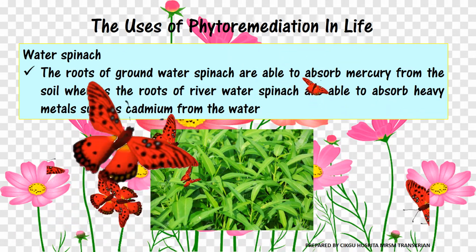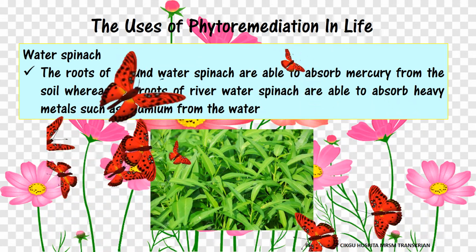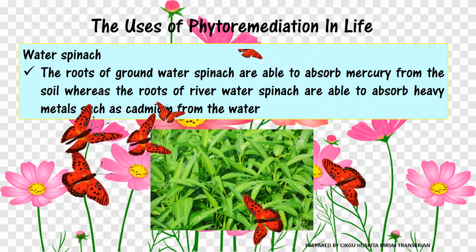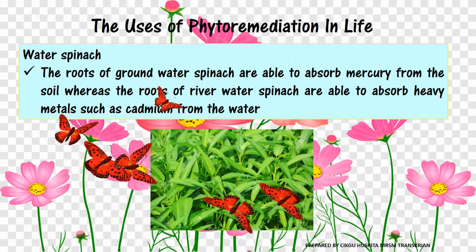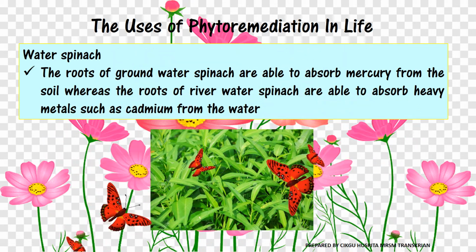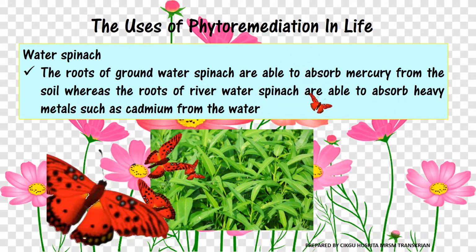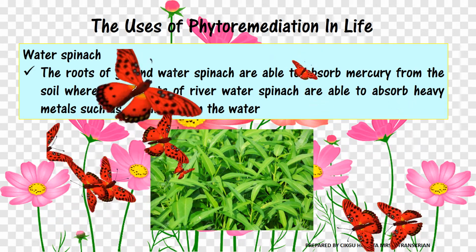These are three examples of plants used in phytoremediation. There are actually a lot of plants able to be used, so you can search on Google to find other examples.